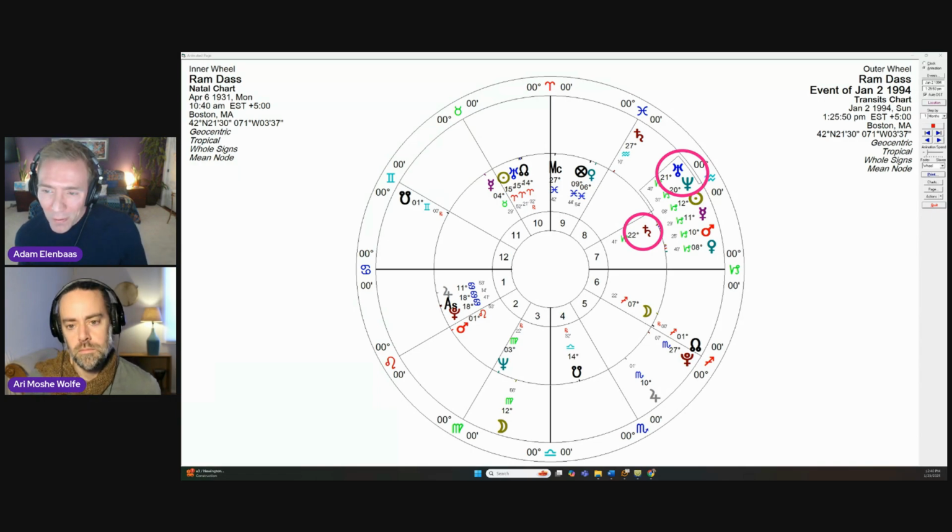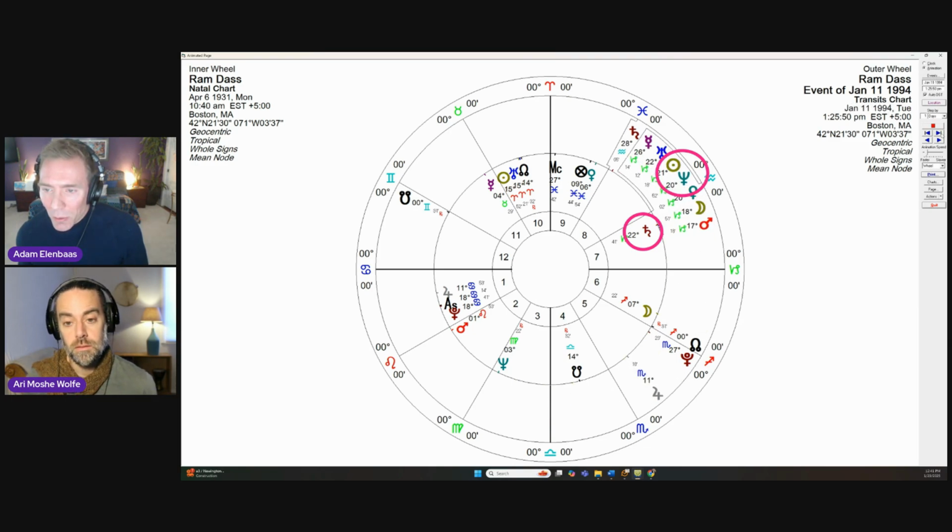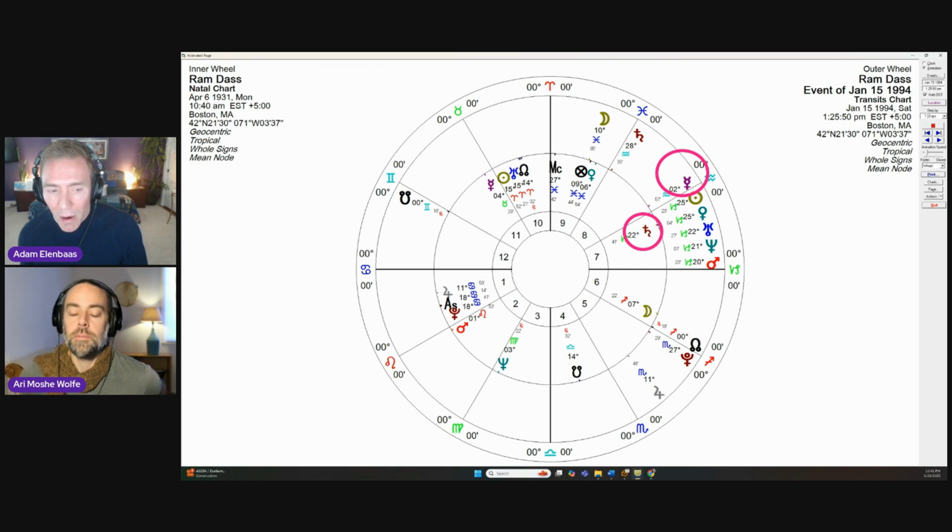So all of these planets are transiting over his natal Saturn, but this is what is really remarkable. If you go forward just some days and you bring Venus through the mix of this, you actually get Venus Cazimi at the heart of the sun, going through her moment of rebirth, right on natal Saturn, with all of these planets transiting right over it in the month that he comes out with his bisexuality.